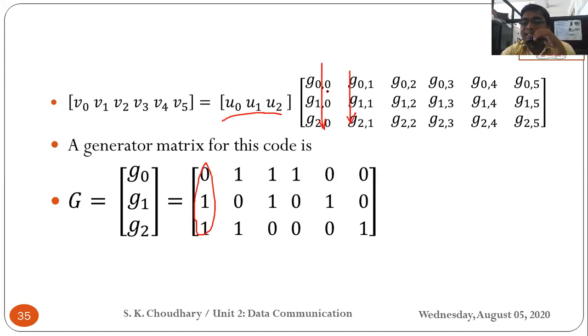U0 multiplied with G00 plus U1 multiplied with G10, then U2 multiplied with G20. So if you see it this way, what do you get when you multiply this? You would get 0 here, then 1, and so on.